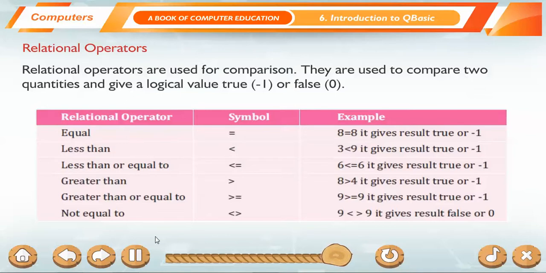Less than or equal to: 6 <= 6 gives the result true or -1. Greater than: 8 > 4 gives the result true or -1. Greater than or equal to: 9 >= 9 gives the result true or -1. Not equal to: 9 <> 9 gives the result false.